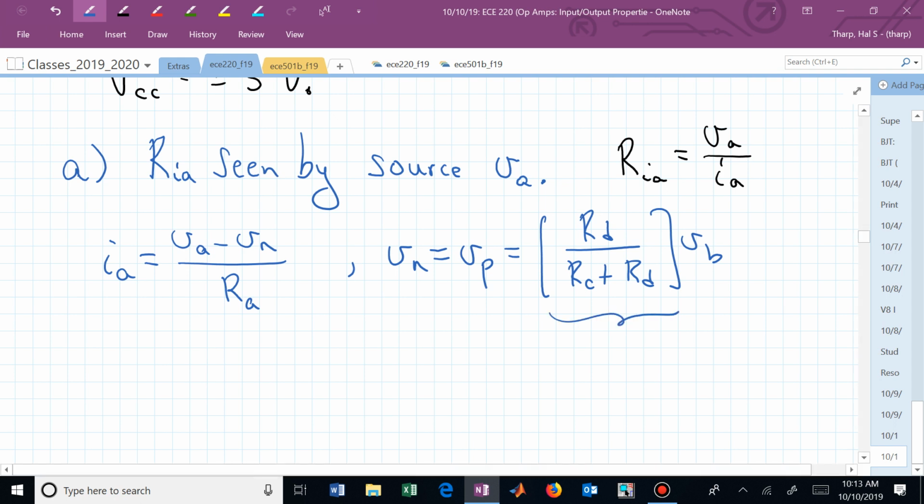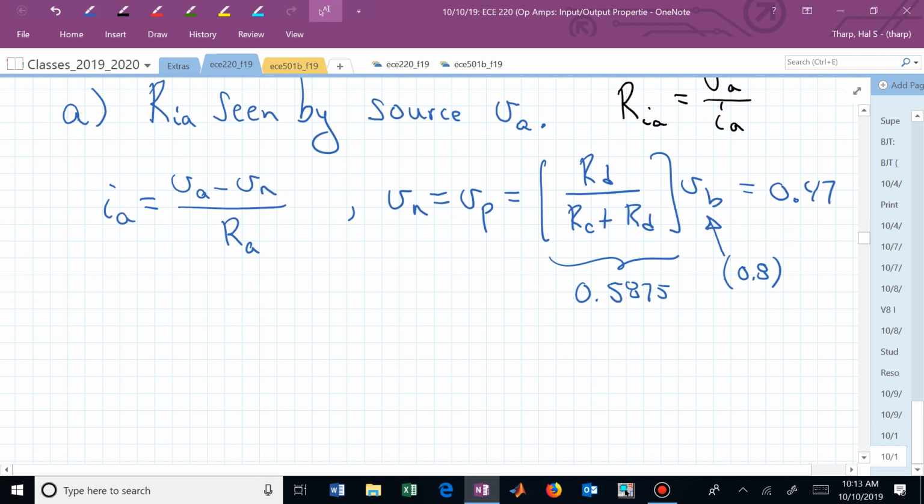And if we plug in these numbers that we're given above, this is about 60% of what V sub B was, and V sub B was 800 millivolts or 0.8 volts. V sub N now becomes 0.47. So we were about 60% of 0.8, not quite, and that gives us then V sub N being 0.47.